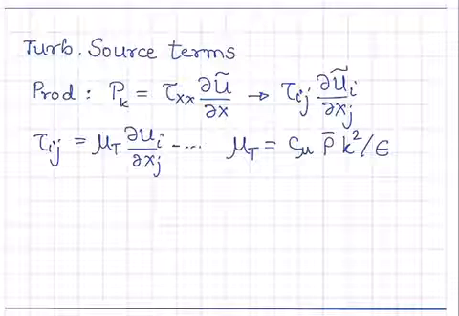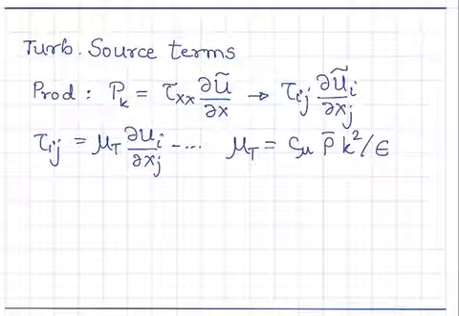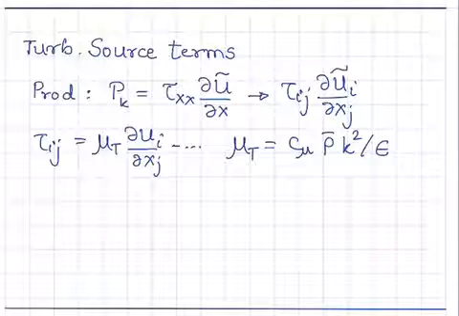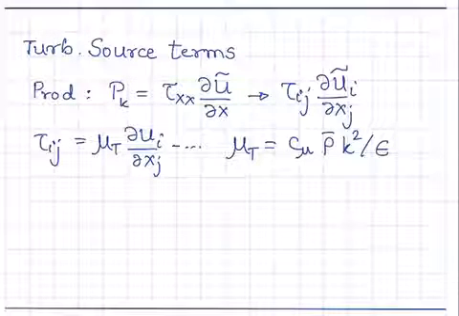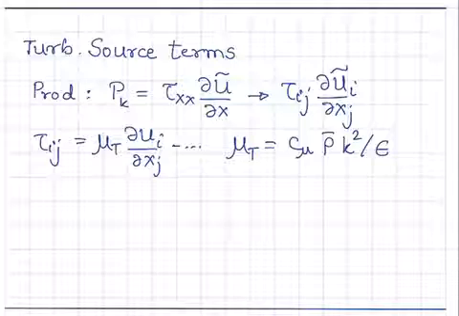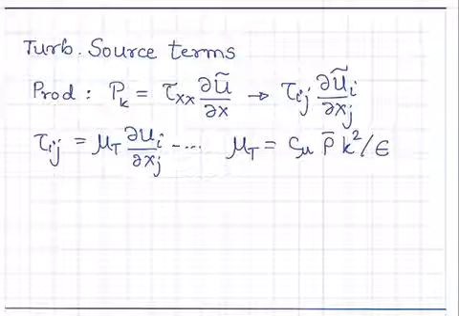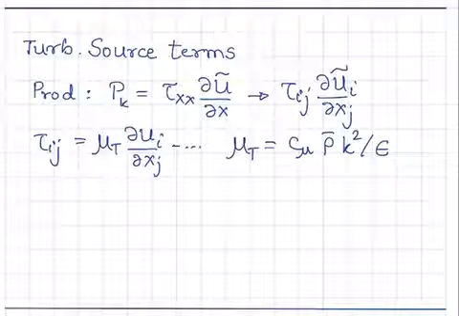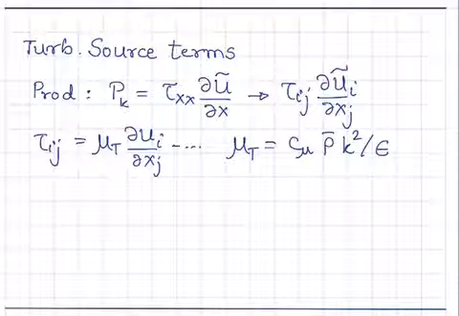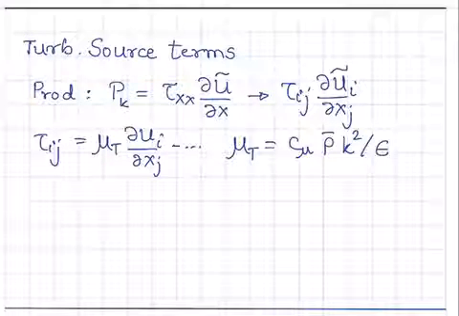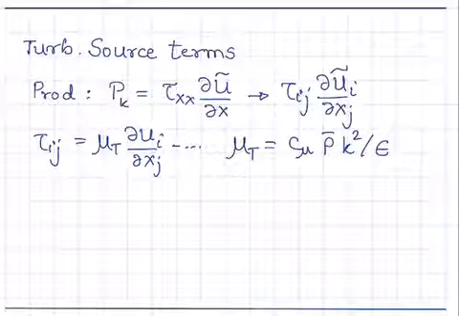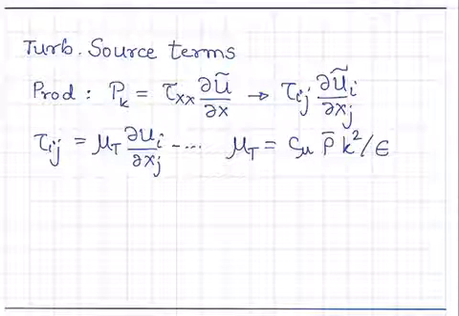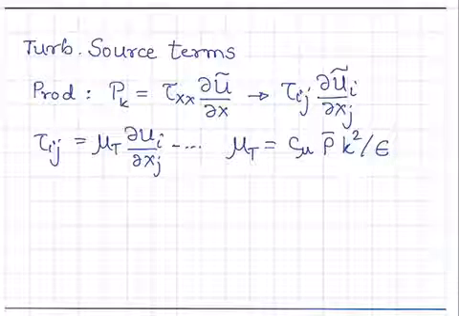Now the production term represents generation of turbulence. It is not like a flux term which acts at the faces of a finite volume cell. The source terms are volumetric source terms, and they are to be calculated as a volume integral over the finite volume cell.